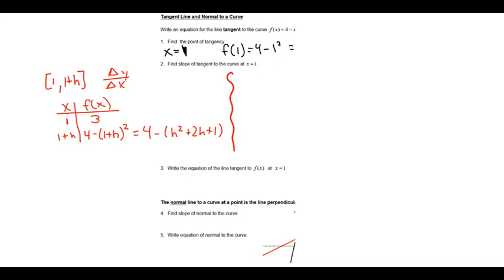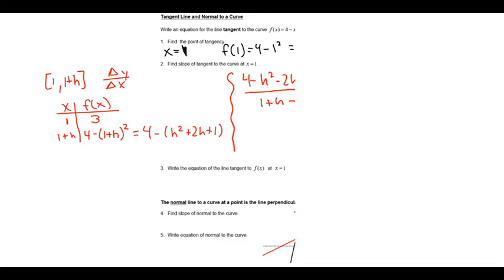So now, to find the change in y over the change in x, we will have 4 minus h squared minus 2h minus 1, minus our f of 1, which was 3, all over 1 plus h minus 1.